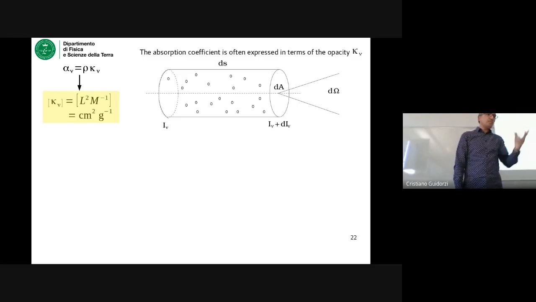So while the cross-section is the kind of area per absorbing element, so per atom, the opacity is the cross-section per unit mass. So there's the density in between.